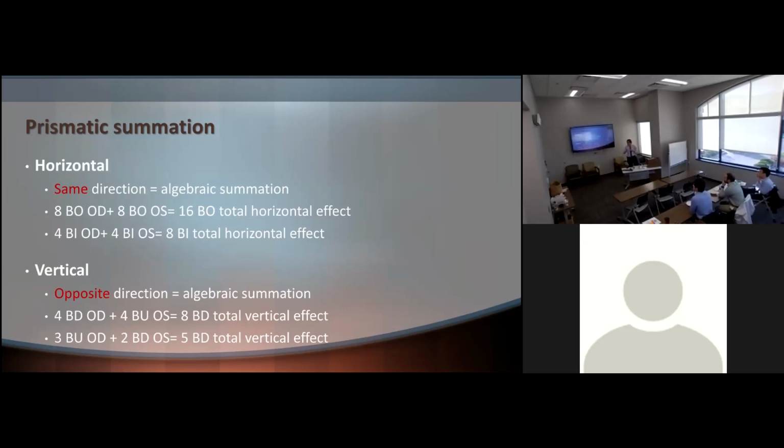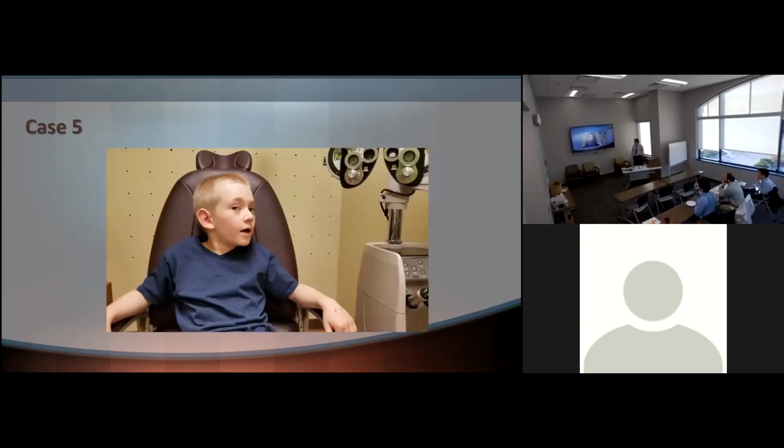So we have 4 base down OD and 4 base up OS. This is 8 total vertical effect. And if you have 3 base up OD and 2 base down OS, this is 5. So vertically, you just add when they are in the opposite direction. Horizontally, we just add when they are in the same direction, both base out or both base in.